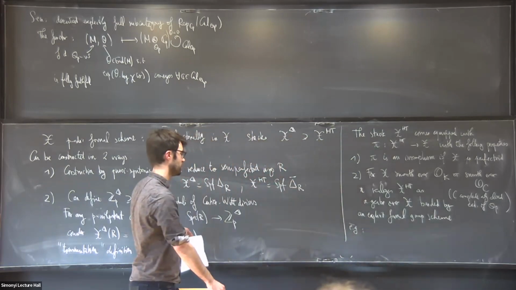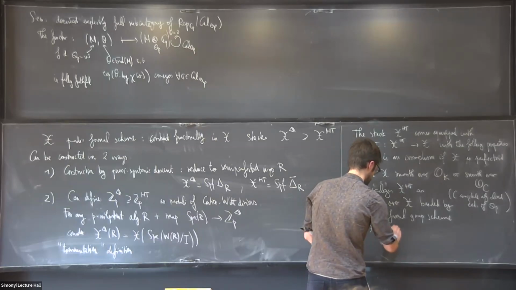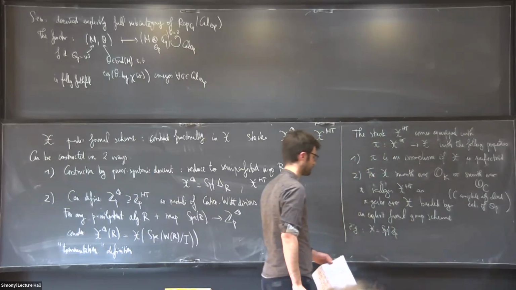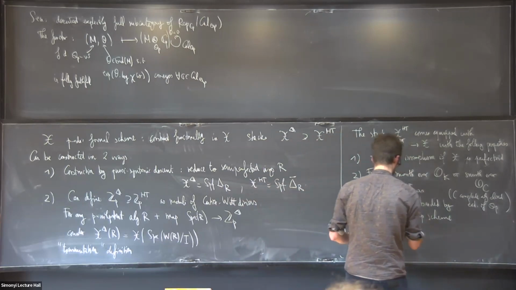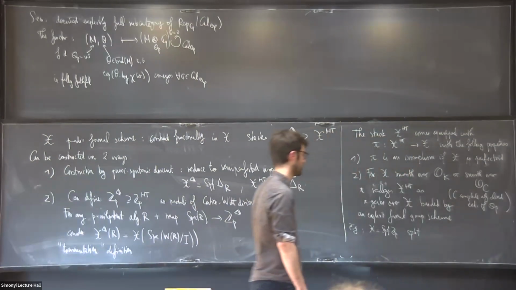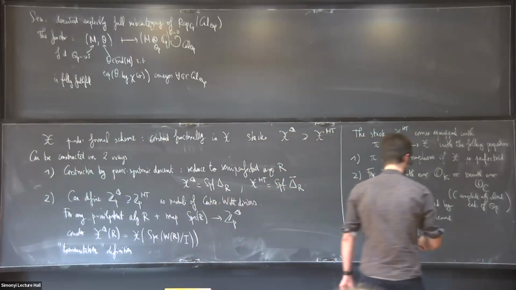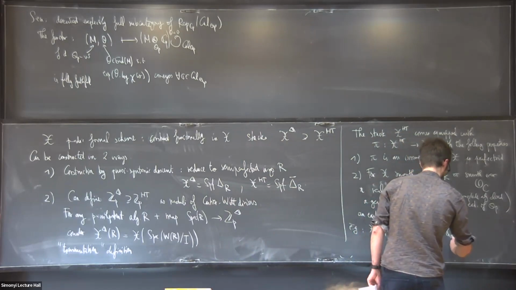The most basic example is the case where X is the formal spectrum of ZP. Then this gerbe is split. It's just a classifying stack, and the automorphism group is G_m sharp.